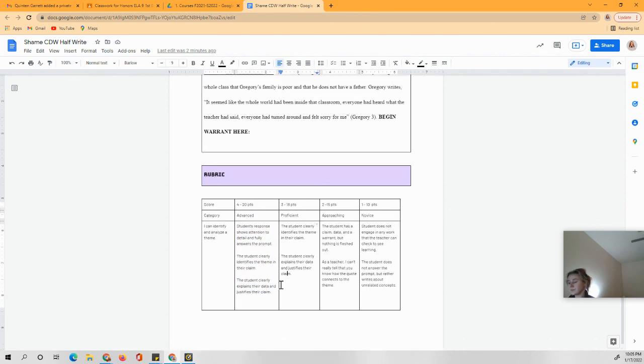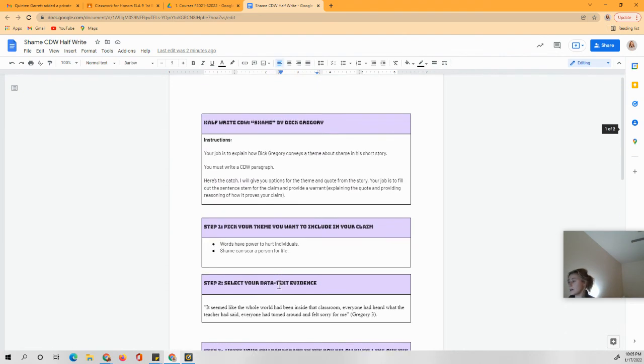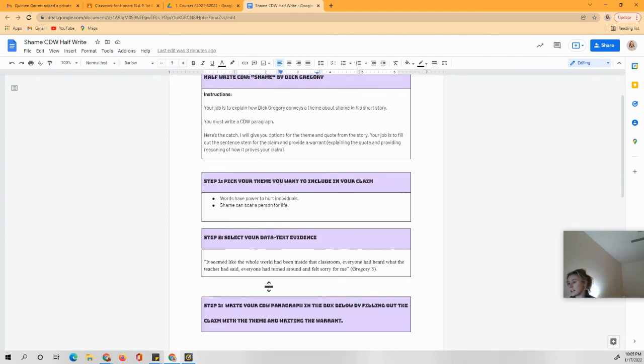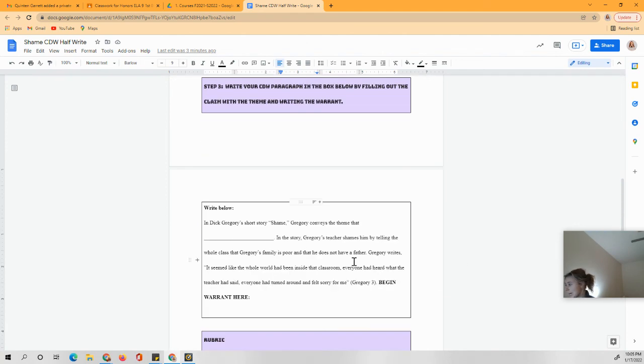Okay, I want to ease you into CDWs because I want you to get used to seeing that I am not just plopping in a quote. I'm introducing the quote. I'm providing context. I'm using my introductory prepositional phrases, which is why I have you use those. And I want to see what you can do now. Okay, so that is your assignment for today.